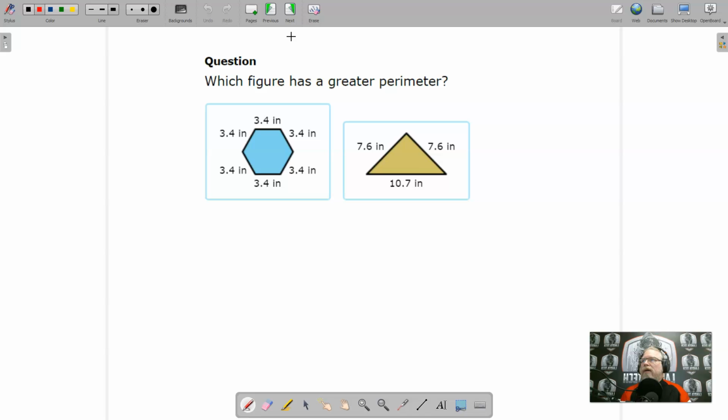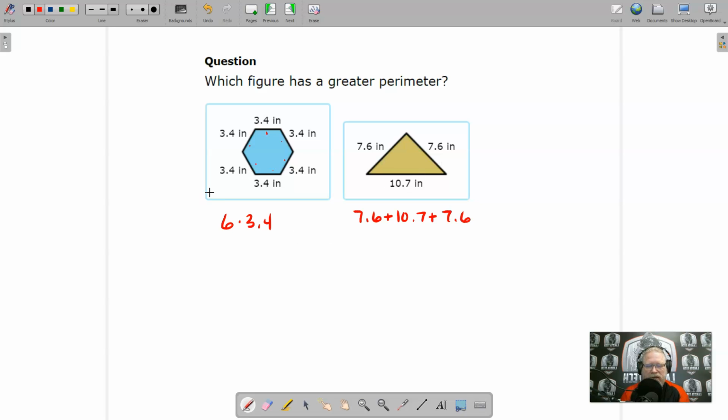On the next one, we have which figure has the greater perimeter. So here we have 1, 2, 3, 4, 5, 6 sides. So we need to do 6 times 3.4 over here. And over here we need to do 7.6 plus 10.7 plus 7.6. We're just adding all the side lengths together.